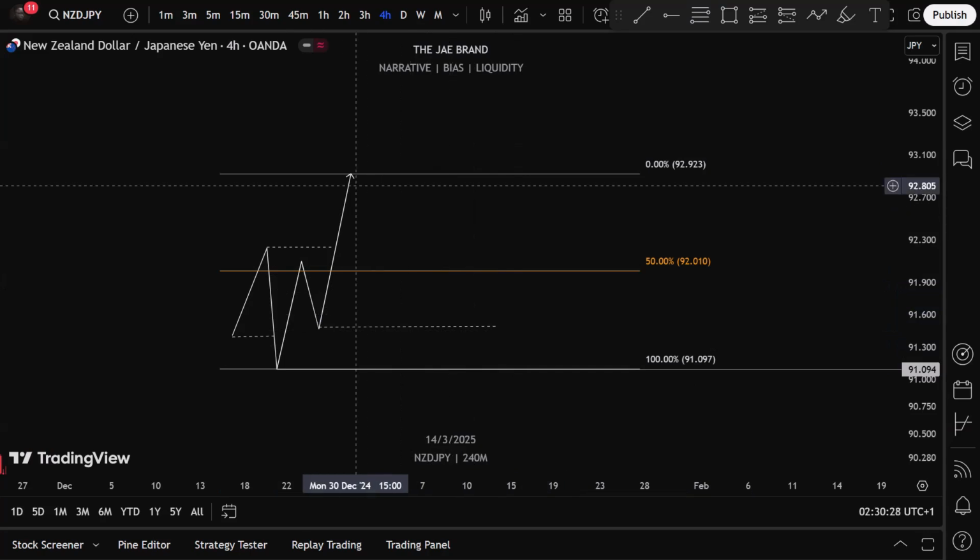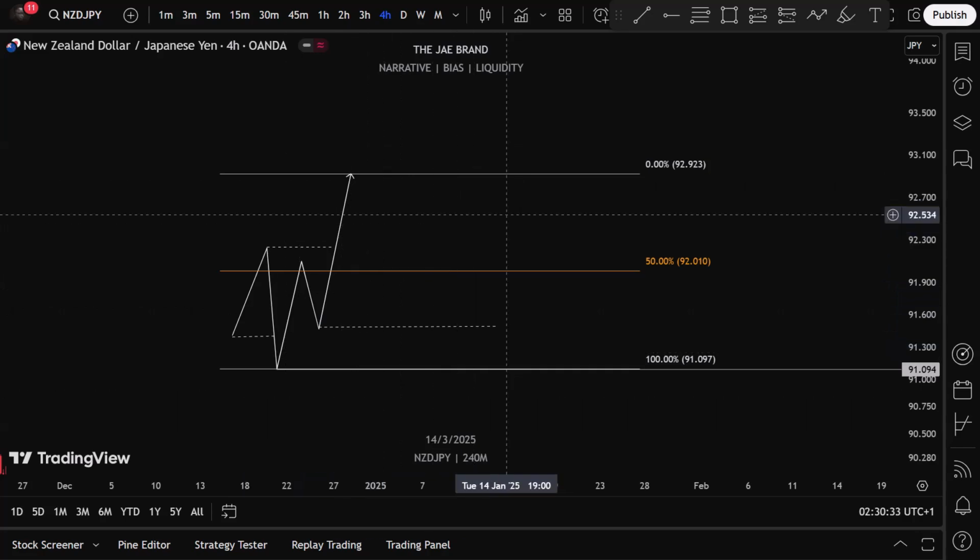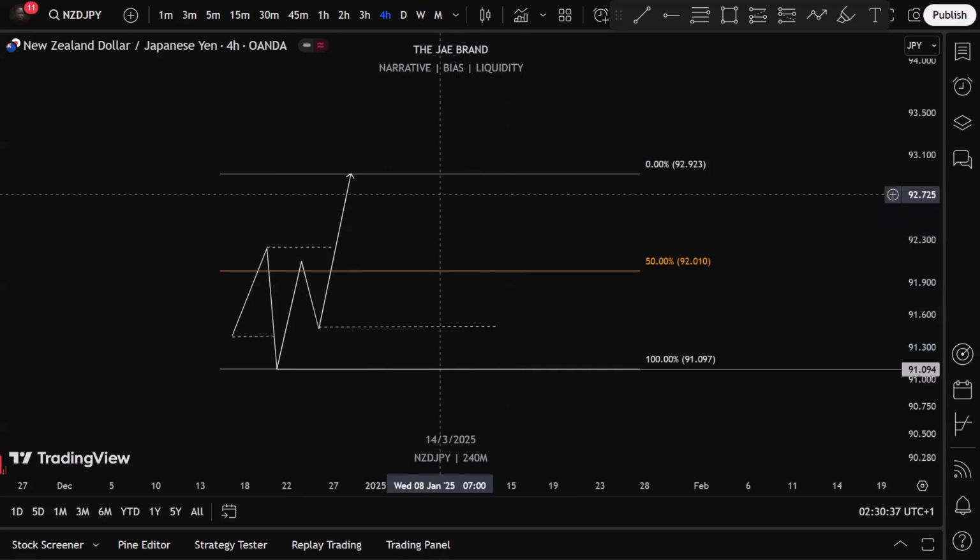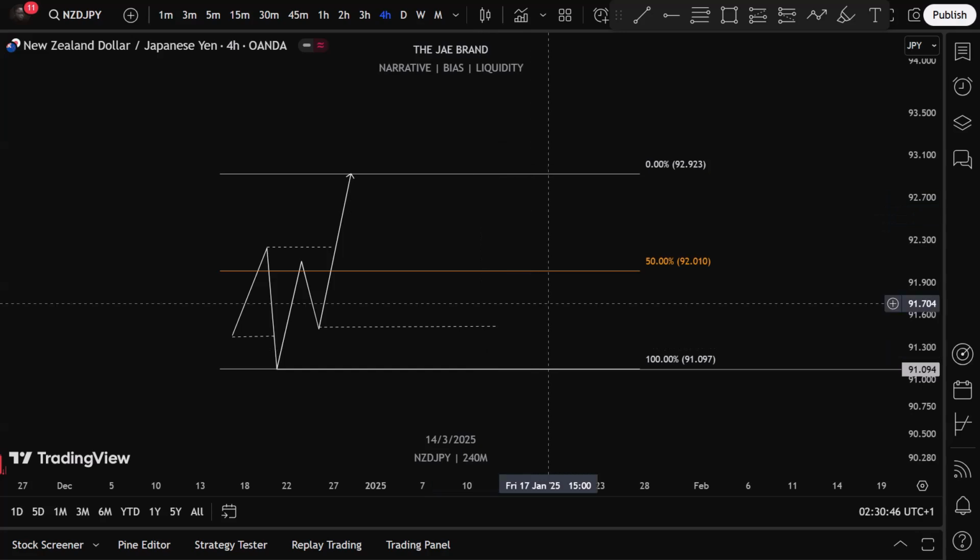Okay, having seen your swing structure, you don't have any reason to buy in the premium area. You only look for sell opportunities around the premium areas. Okay, while you look for buy opportunities around the discount area.